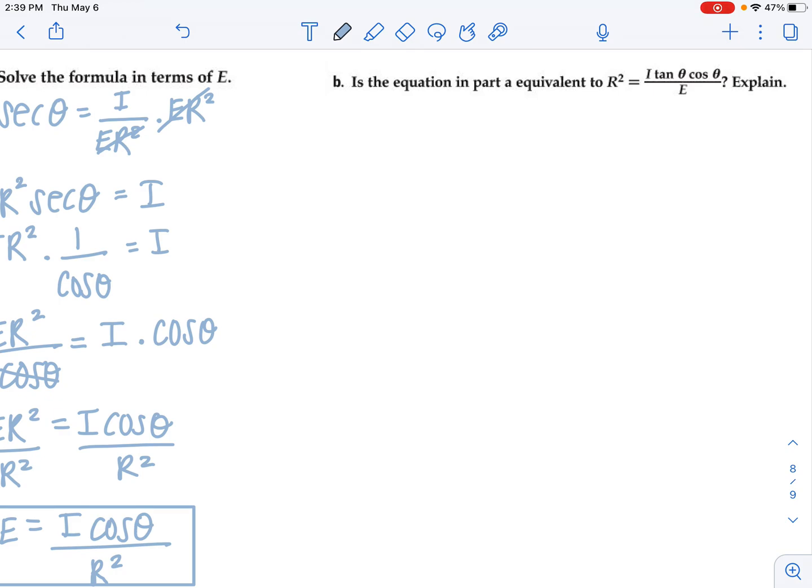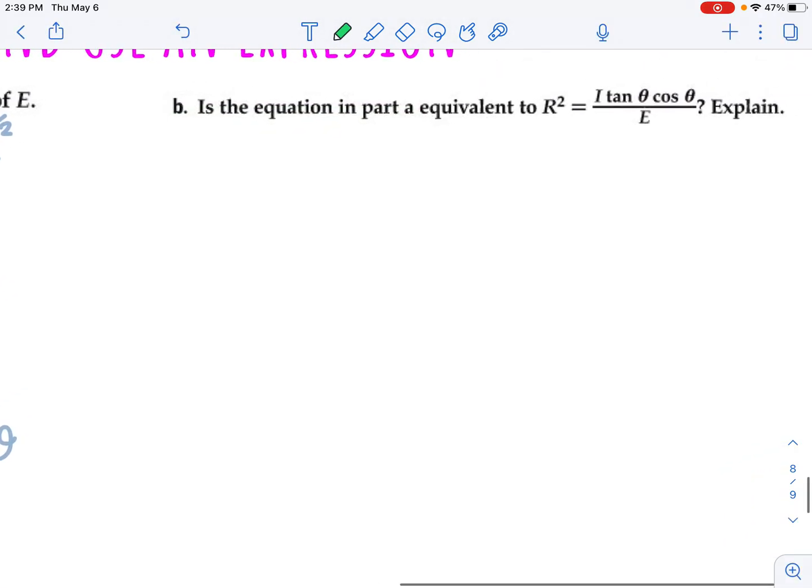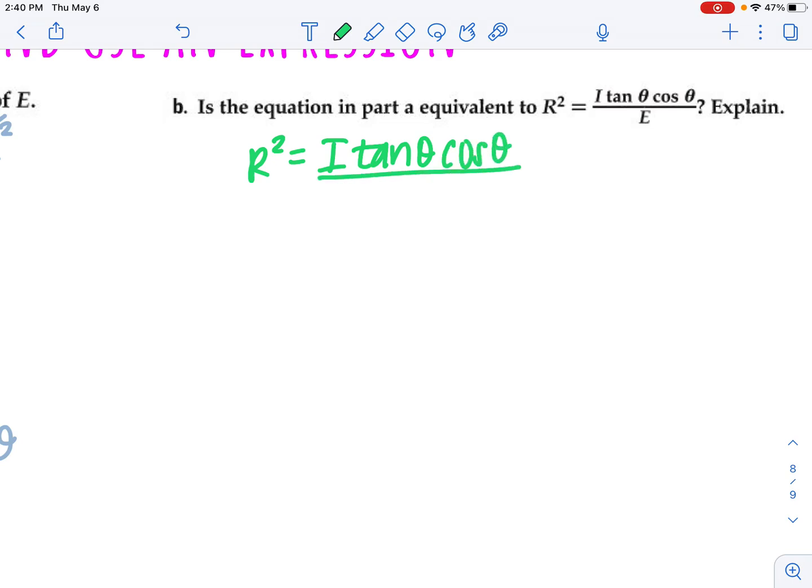Part B says, is the equation in part A equivalent to R squared equals I tangent of theta cosine of theta over E, and explain. So we want to take this equation and see if we can isolate the E to see if they are the same. So we have R squared equals I tangent of theta cosine of theta over E. We want to get rid of our E, so we're going to multiply each side.